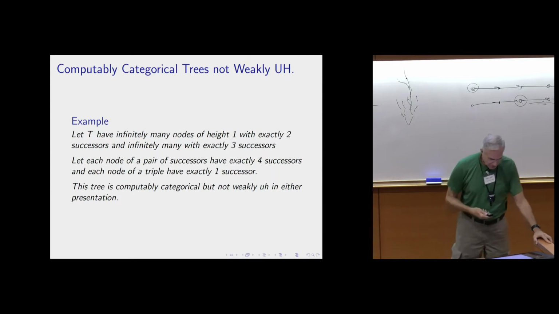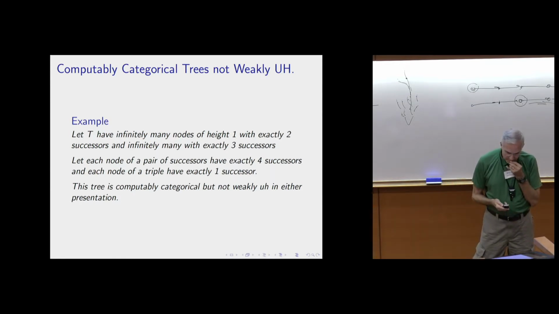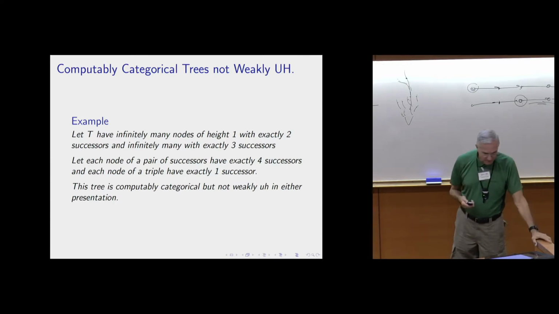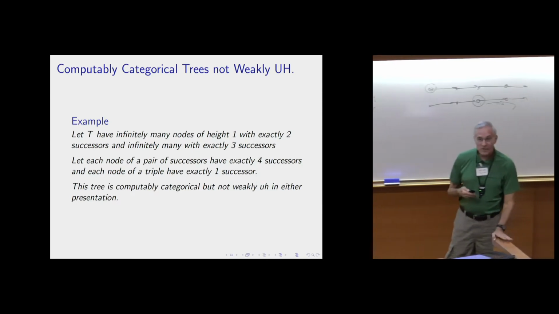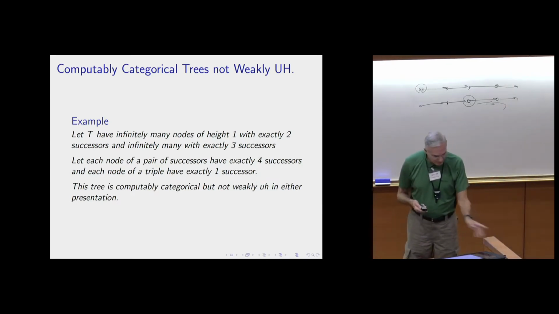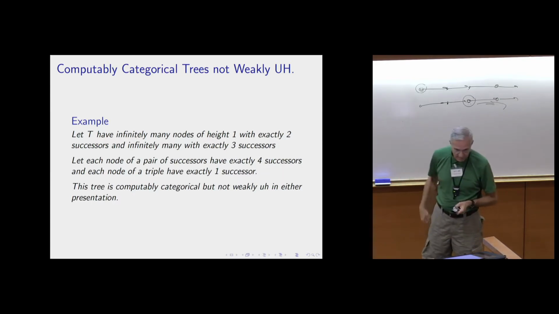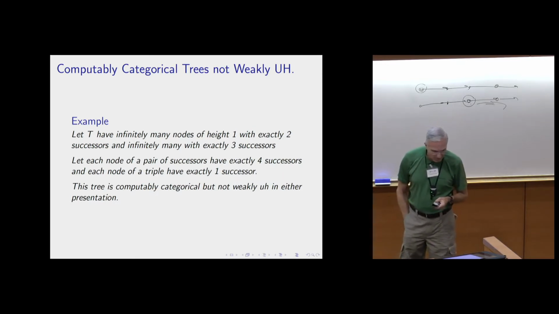This is different from computably categorical. Of course, if it's weakly ultrahomogeneous, it has to be computably categorical, but there are other ways in which a structure could be categorical without being weakly ultrahomogeneous.